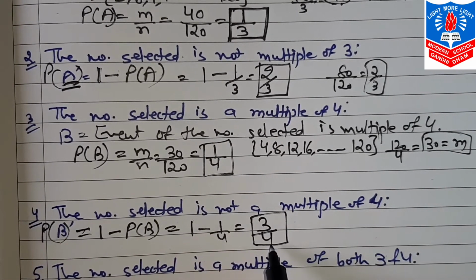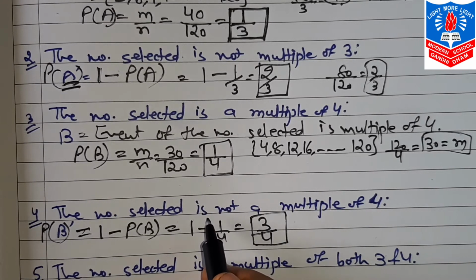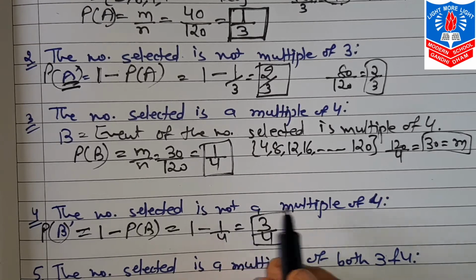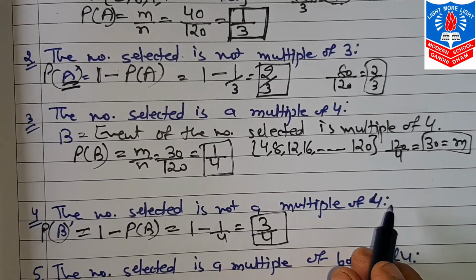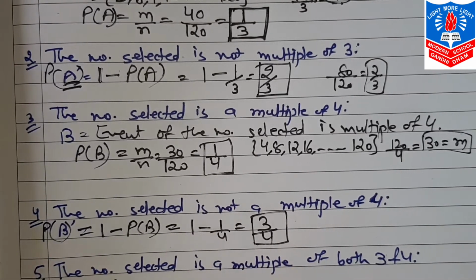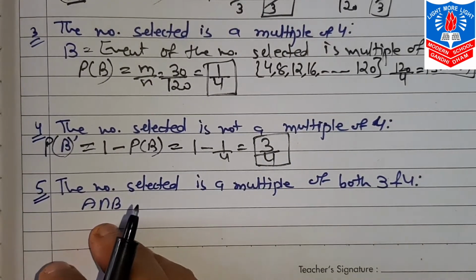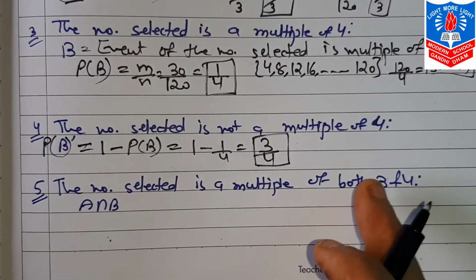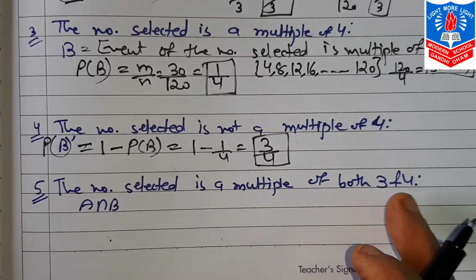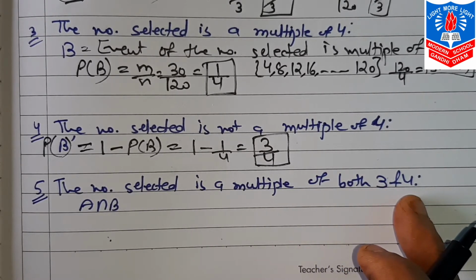So this 3 by 4 is the probability of selecting a number that is not a multiple of 4. Now the last question, that is the number selected is a multiple of both 3 and 4.